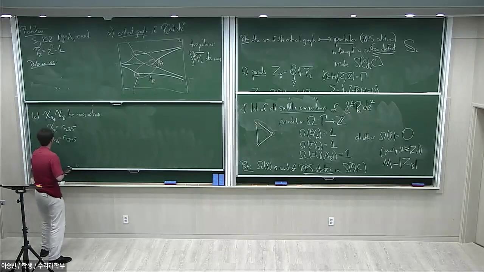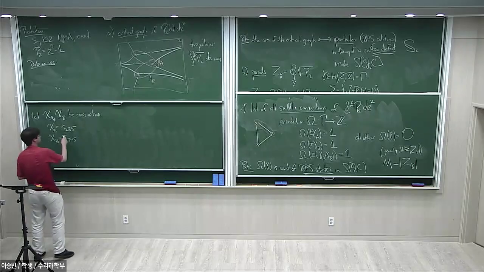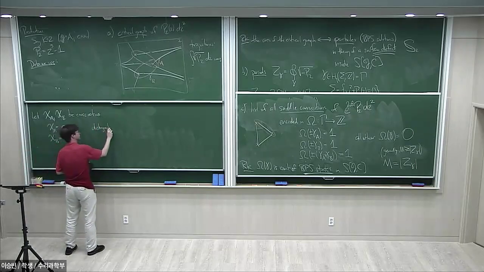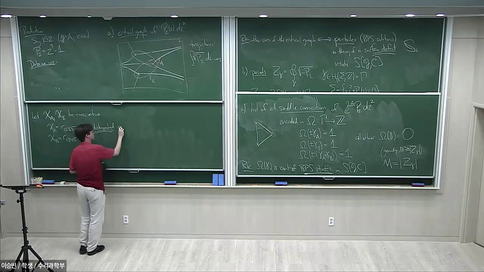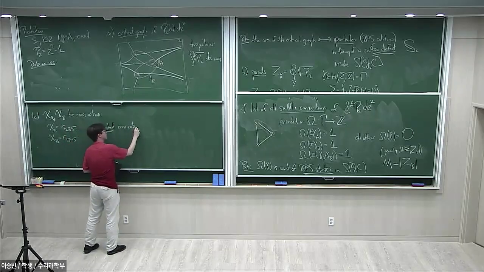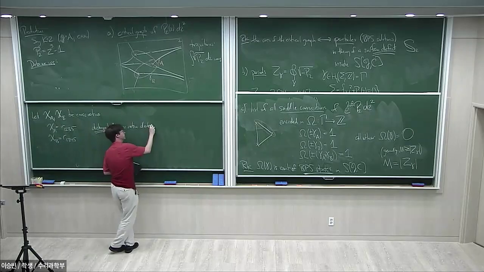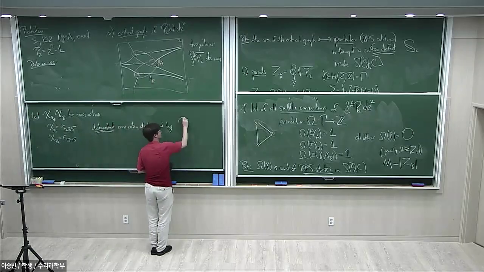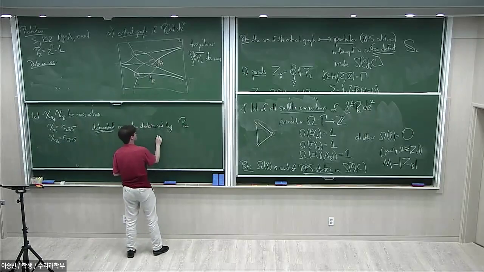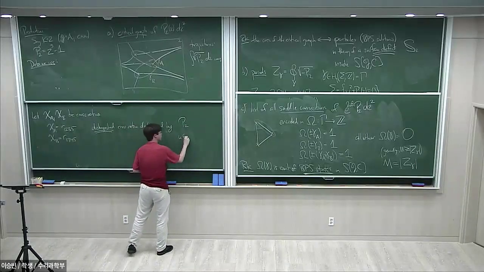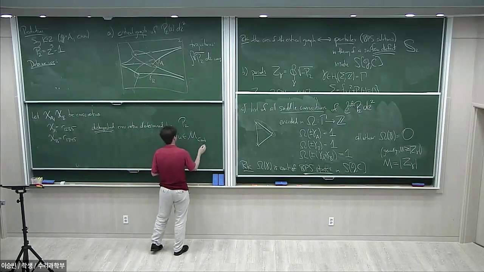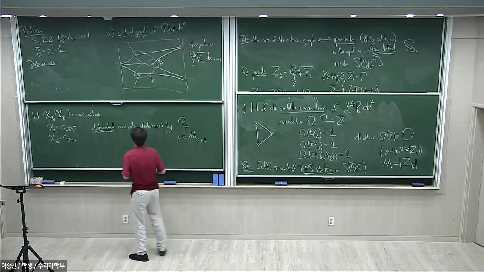So let's maybe say a word about that. Those distinguished cross ratios were determined ultimately by the polynomial P2. In other words, determined by the point U in the 4D Coulomb branch.